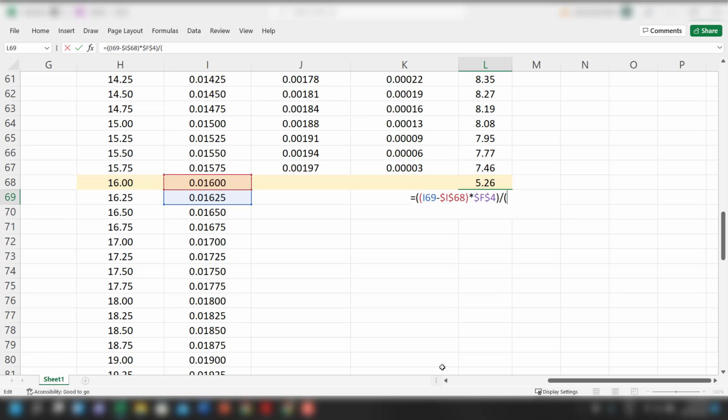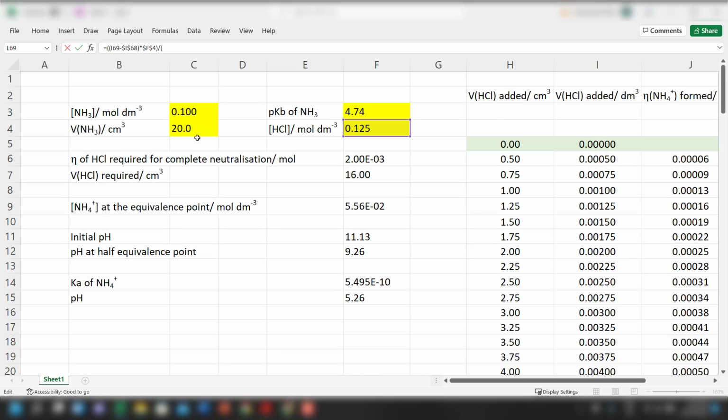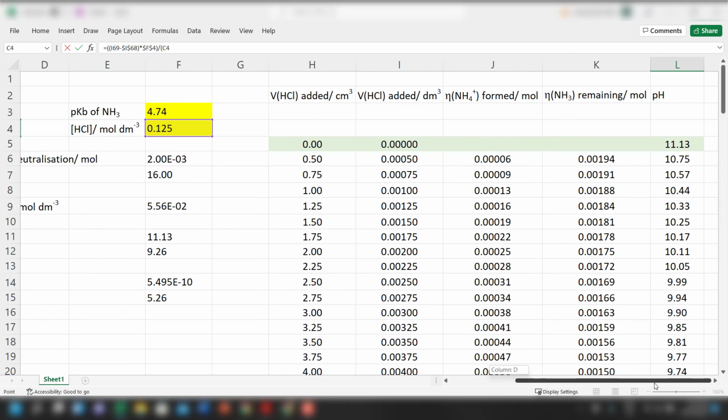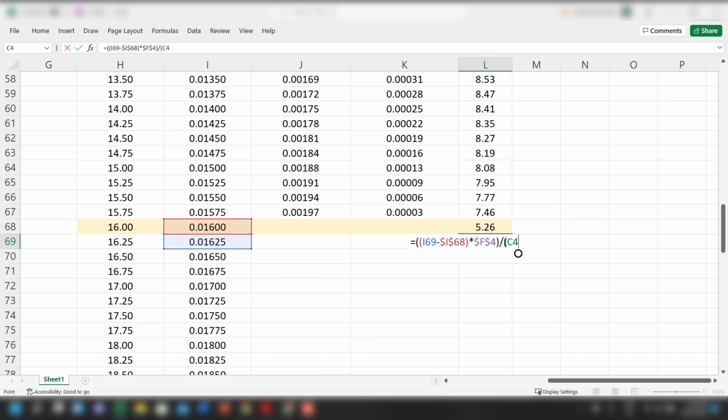The total volume will be the summation of the initial pipetted volume, which is 20.0. But do take note that this is in cubic centimeters, so again, let us remind ourselves to put a dollar sign. We need to multiply by 0.001 in order for it to be scaled to dm cube, and then we need to add the volume term, in this case 0.01625.